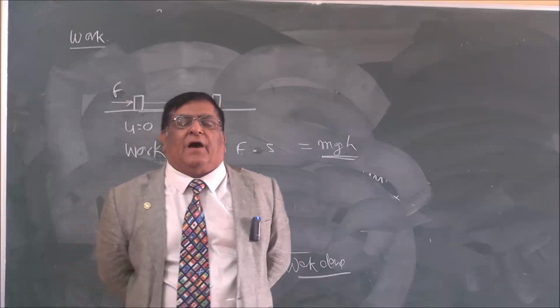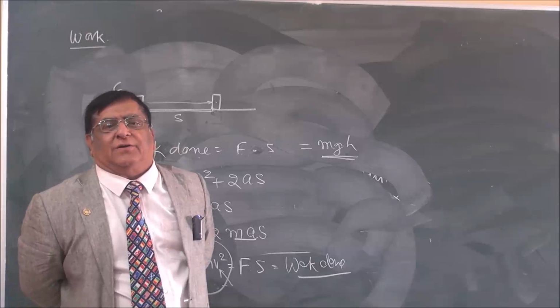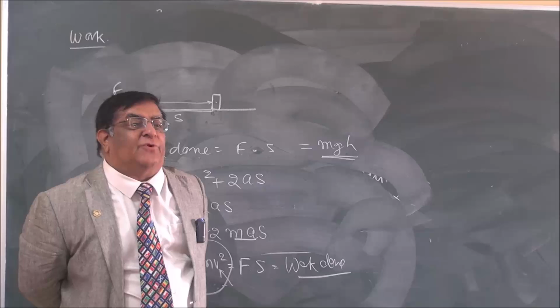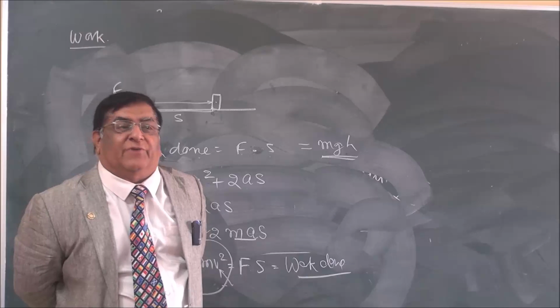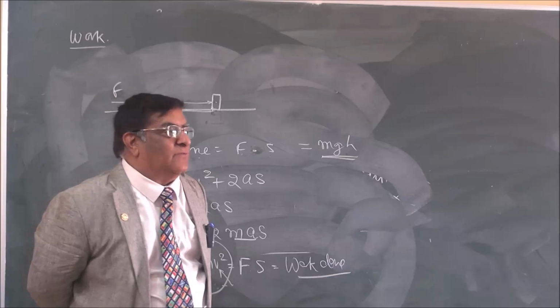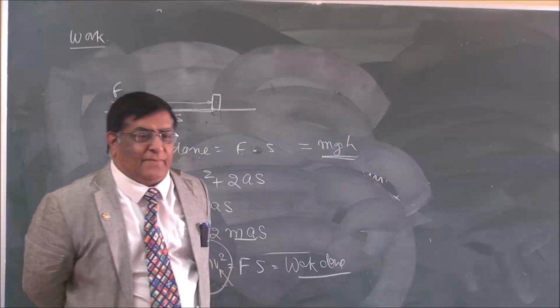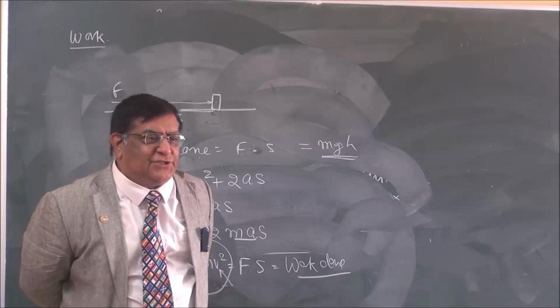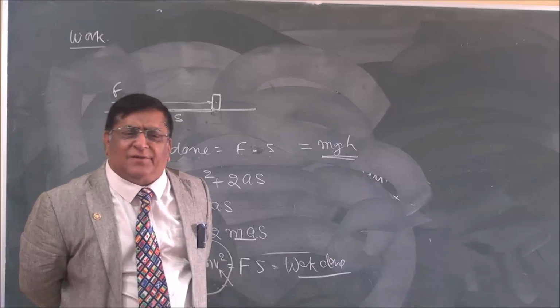Now if a body has got energy 100 joule, and that body is applying force on something, doing displacement, doing the work, and it has done 40 joule of work, what do you expect? It is still having 100 joule of energy? No.